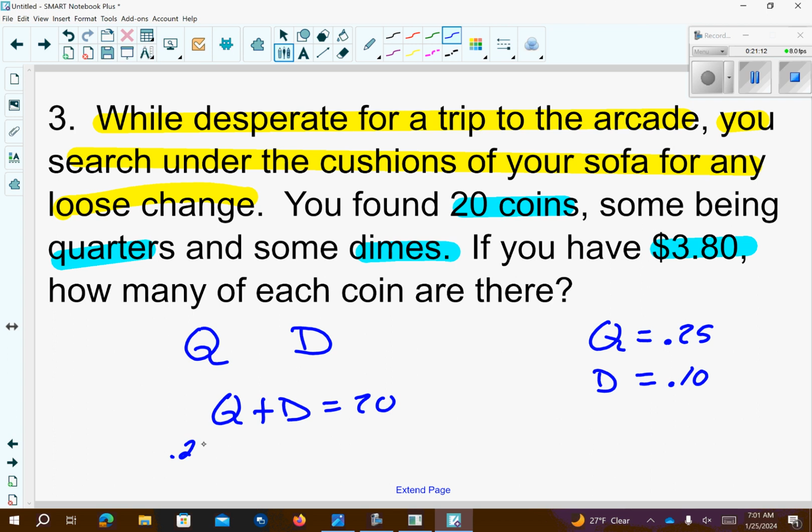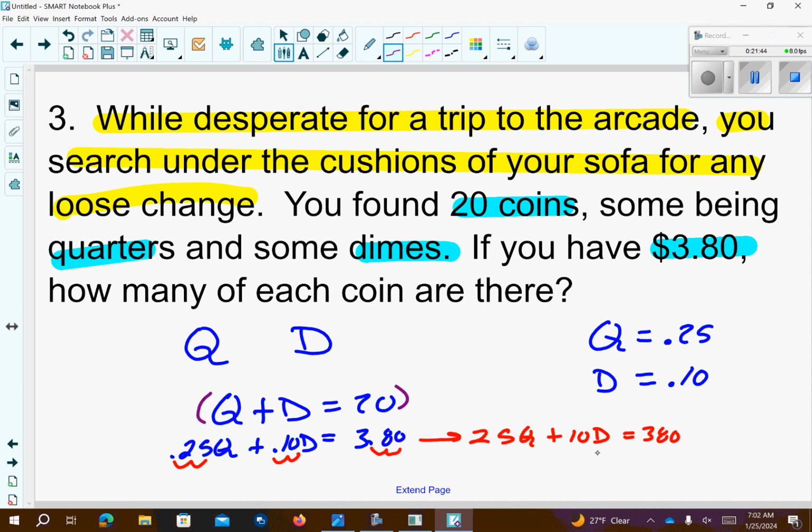And then I know that a quarter is 25 cents and a dime is 10 cents, and that gives us $3.80. Well, the very first thing I would do on this problem is let's move the decimal 2 places on each of these. So my bottom equation is now going to be 25Q plus 10D equals 380.